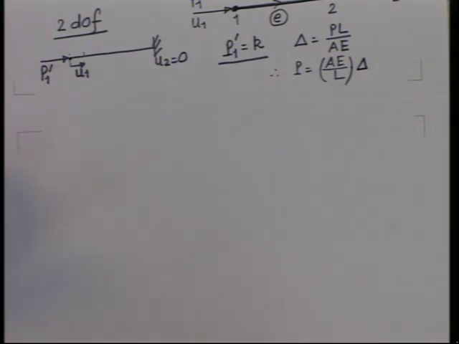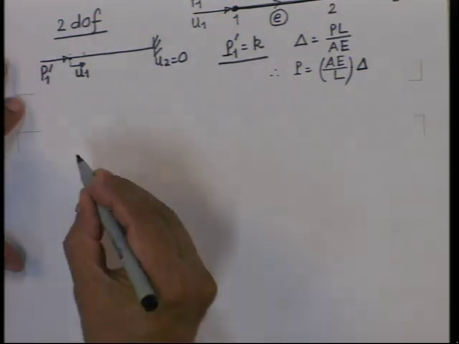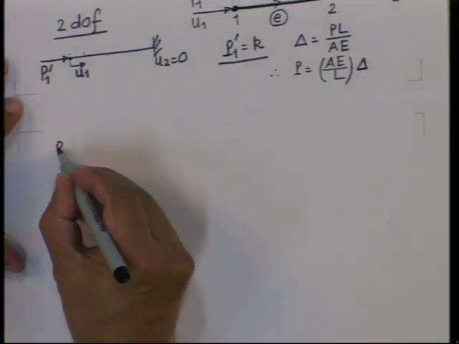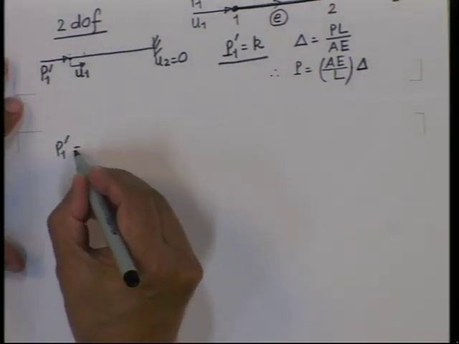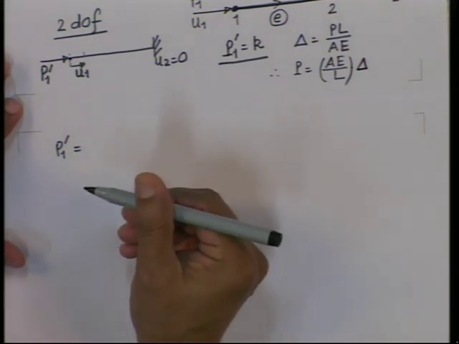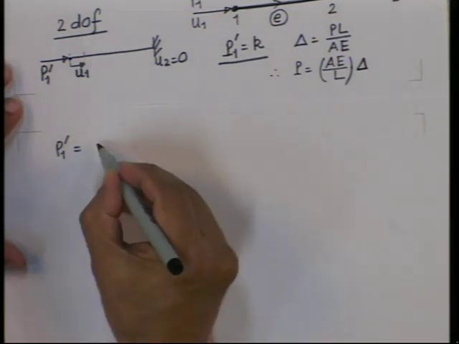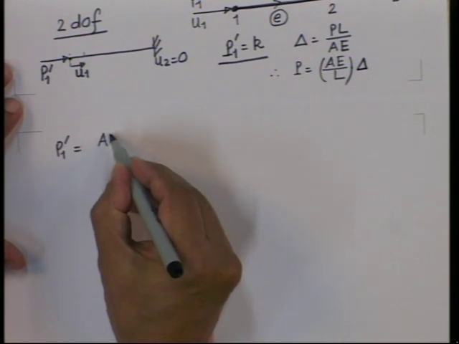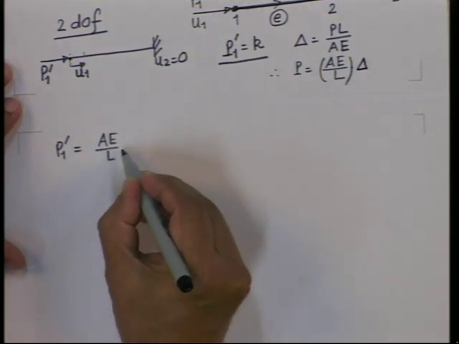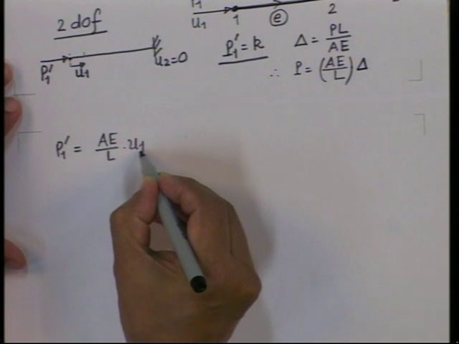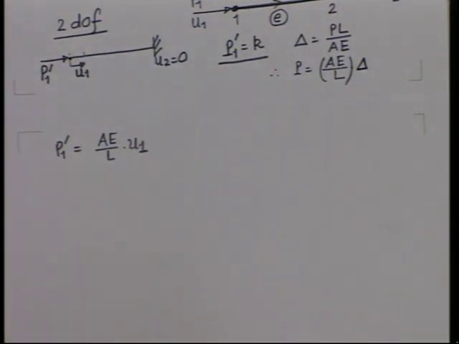Then can I write P1 dash will be equal to k times U1, and k is A by L into U1.